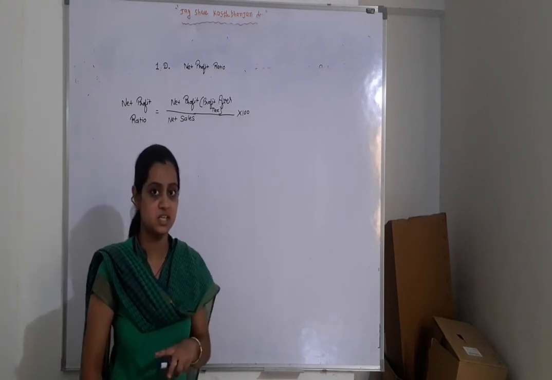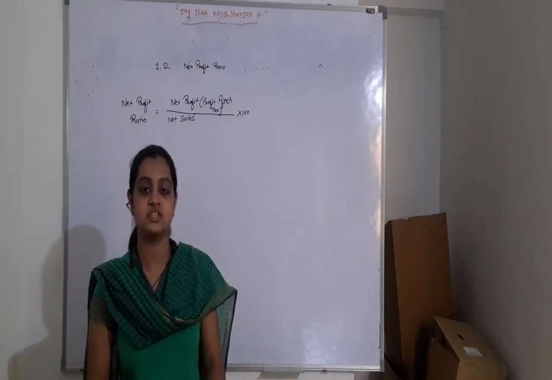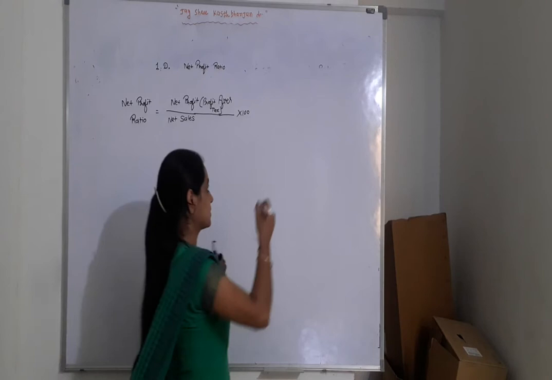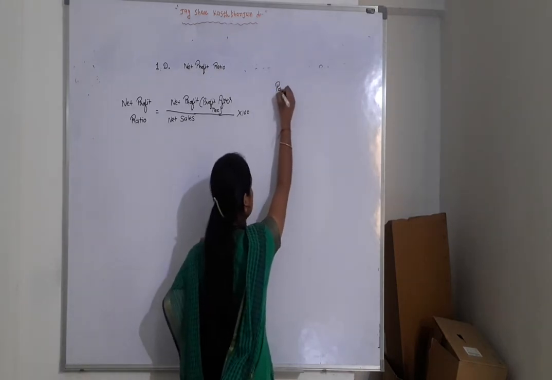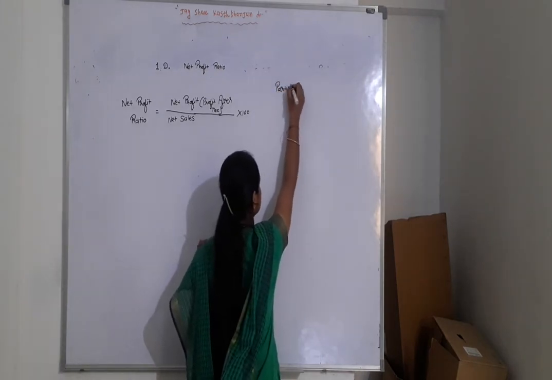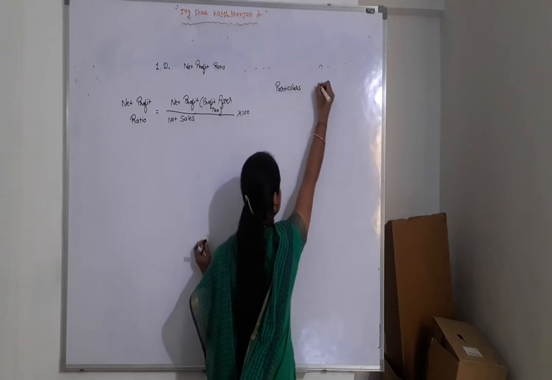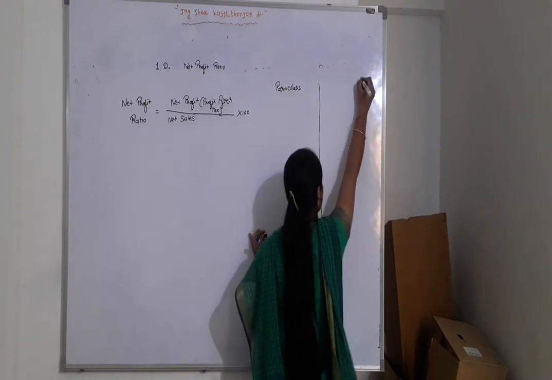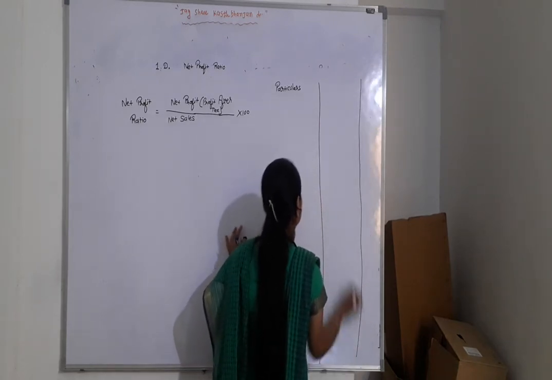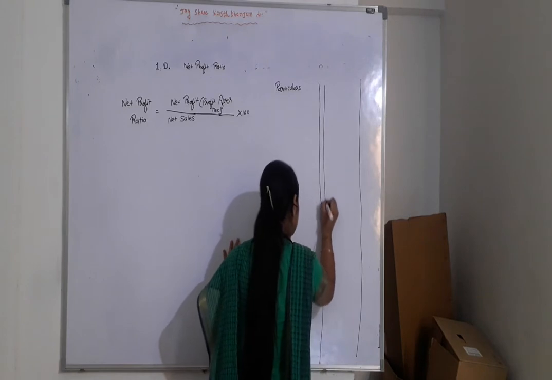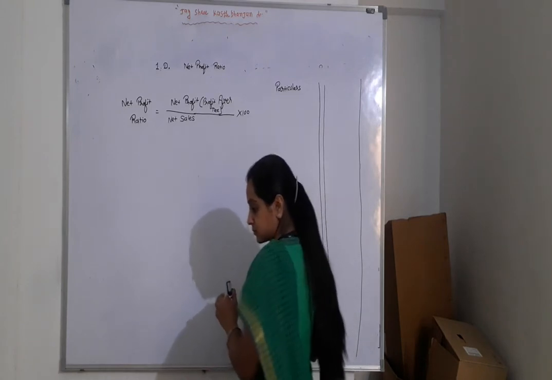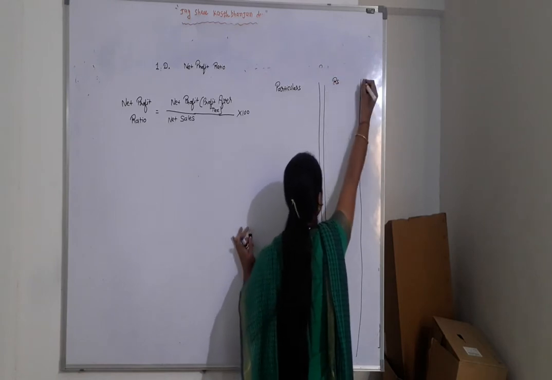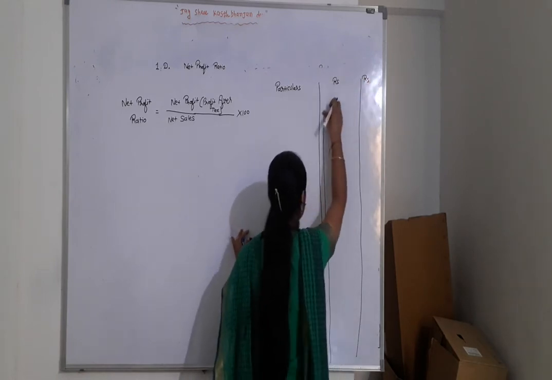Okay, to find net profit and net sales we have to prepare one table. We have studied statement of P&L in chapter number 3, that we have to apply over here. Particulars, rupees, no need to do LF.